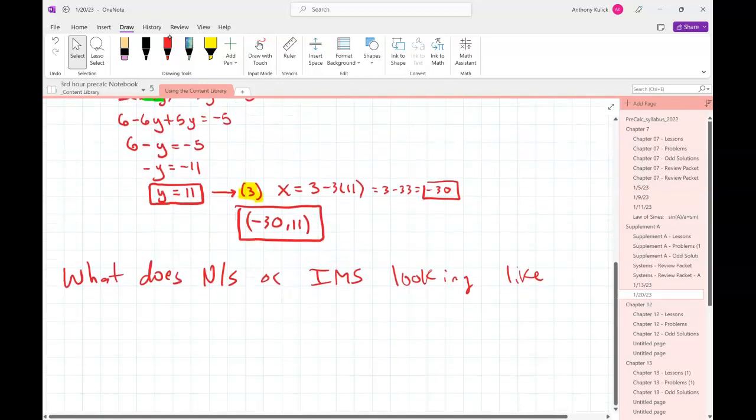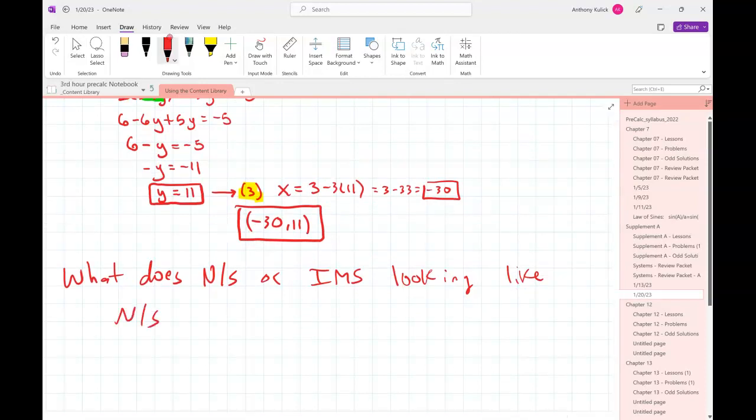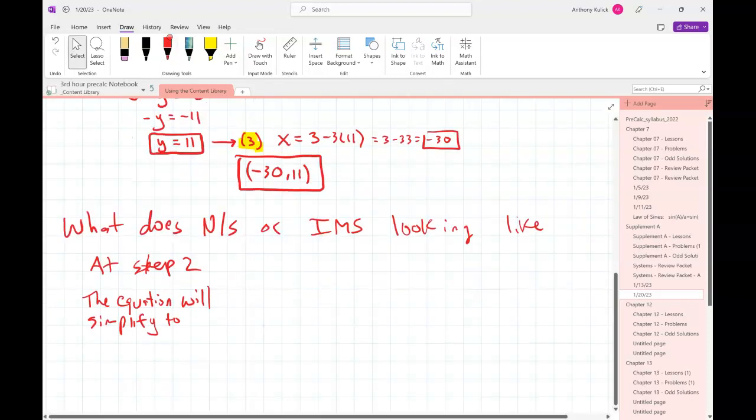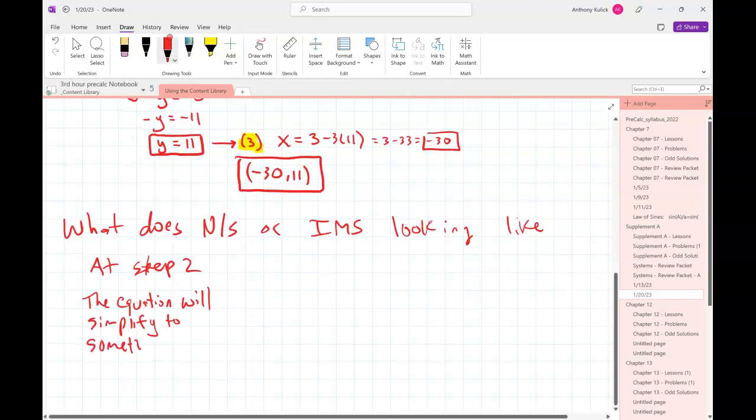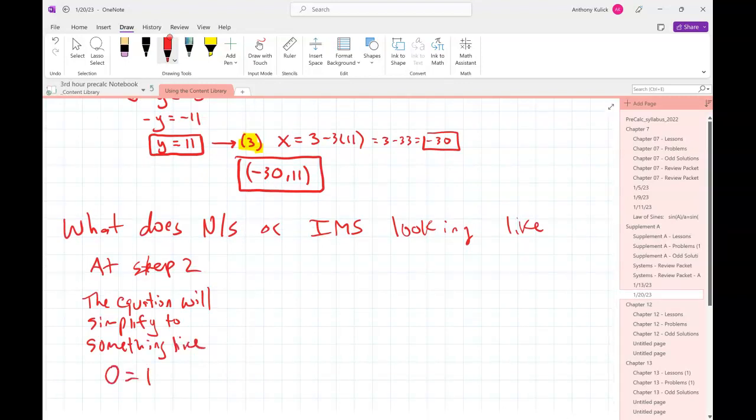So what does no solution or infinitely many solutions look like? At step 2, after you've made your substitution, your equation is going to simplify to something like 0 equals 1.